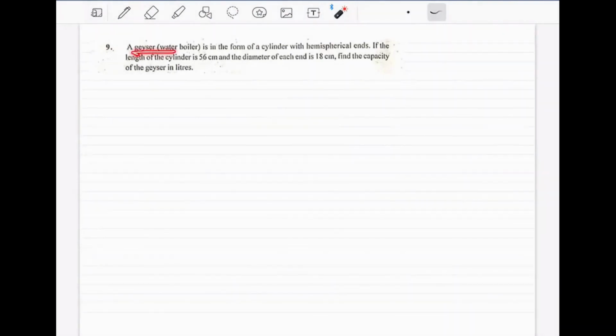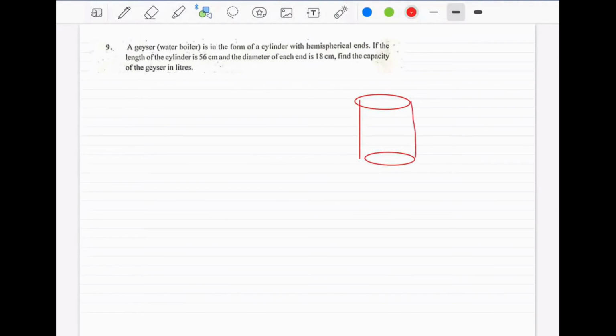So a geyser is in the form of a cylinder with hemispherical ends. You try to draw the figure first. So this is your geyser. On top there is a hemispherical end, and hemispherical ends on top and bottom.